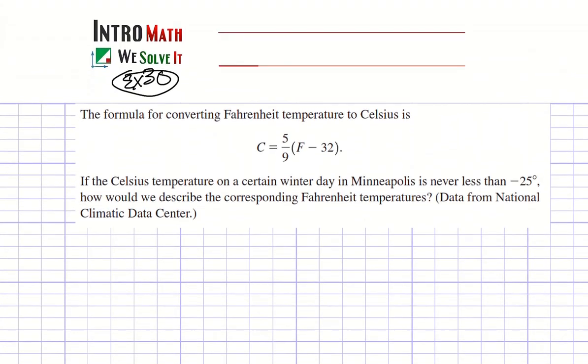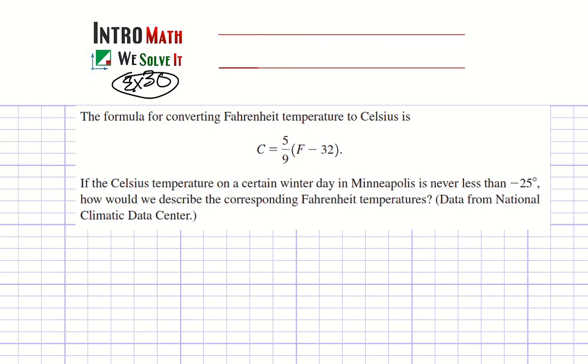So we're done with that. Let's move on so we can finish. It says the formula for converting Fahrenheit temperature to Celsius is C equals 5 over 9 in brackets F minus 32. We've seen this before. Then it says if the Celsius temperature on a certain winter day in Minneapolis is never less than that. Never less than, pick up on that.